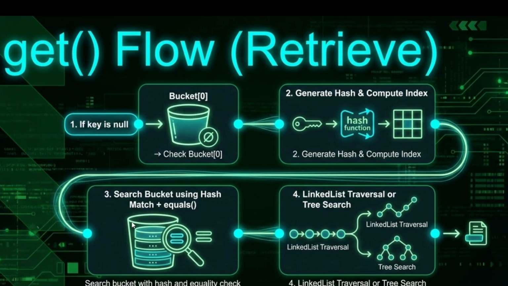If it has collisions, definitely it goes to the equals method. Because this is the bucket and this is a linked list, consider. If it is a tree, it will go like this. Linked list to tree search, and linked list traversal will be like this, and tree search will be like this.